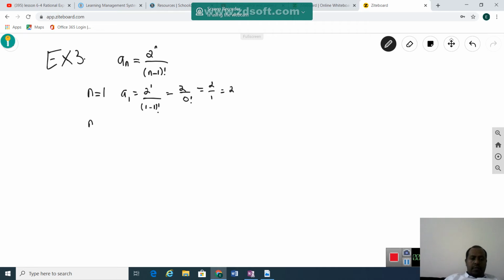To find the second term, n is equal to 2, and I will plug 2 in for n. This will be 2 to the power of 2 over (2 minus 1) factorial. 2 to the power of 2 is 4, over 2 minus 1, which is 1 factorial. 1 factorial is equal to 1.